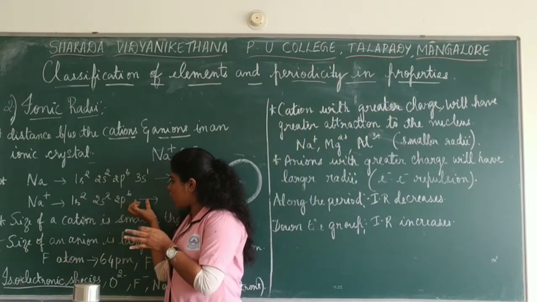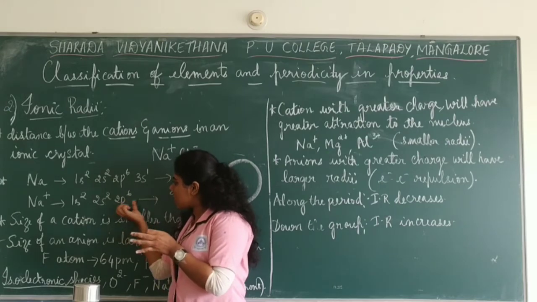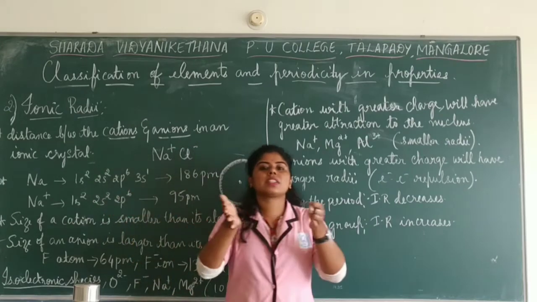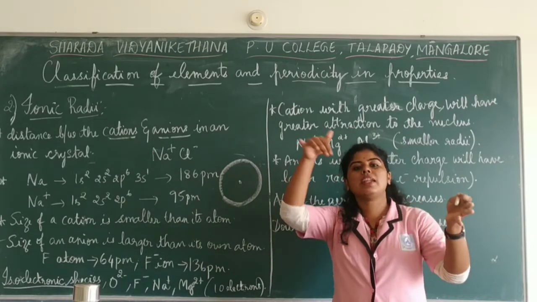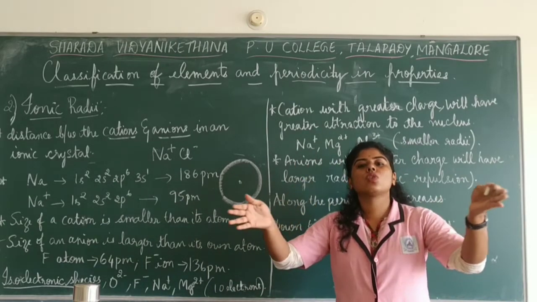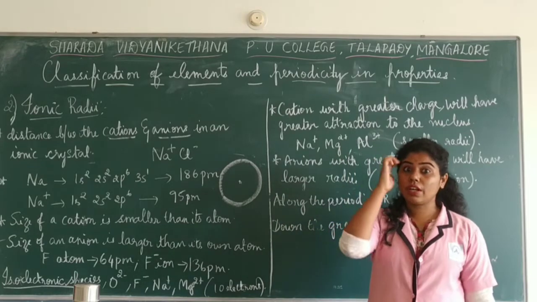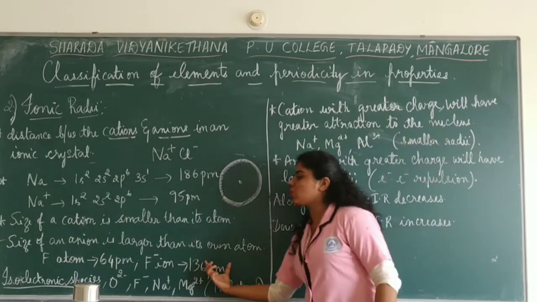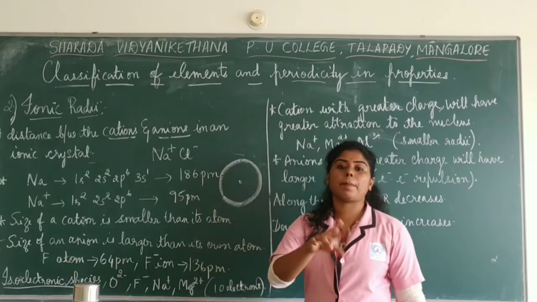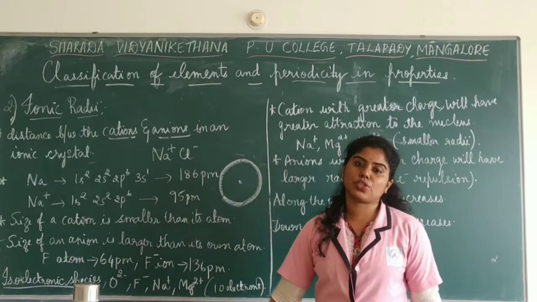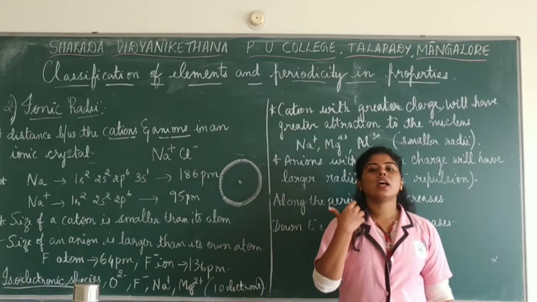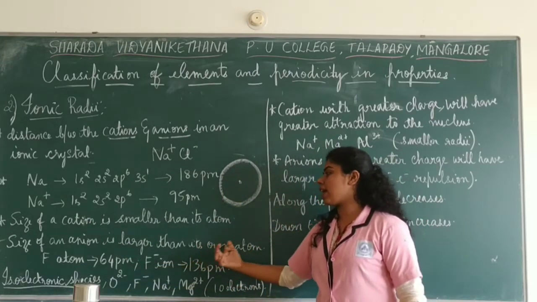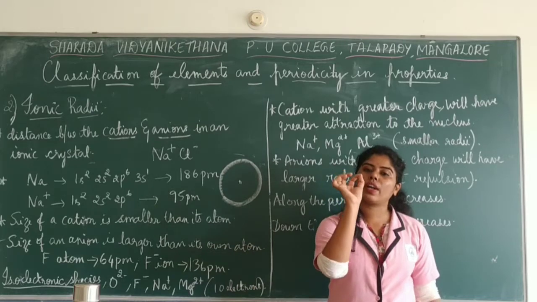If you have an extra electron added over here, these start repelling. These electrons will start repelling each other, and obviously the attraction also becomes lesser and lesser. Then the size also will expand. Remember that. Why? Mainly due to the electron repulsion between the different shells. So this is why the size of an anion expands, and that's why it is said to be larger than its own atom.